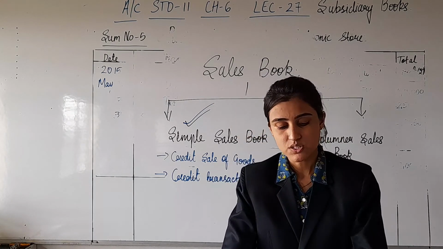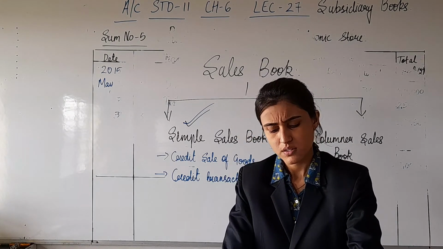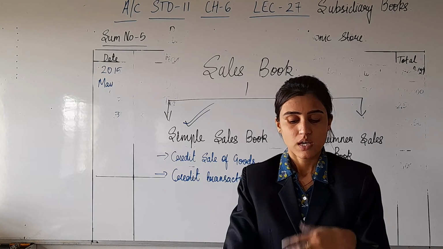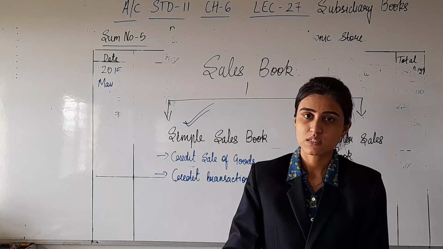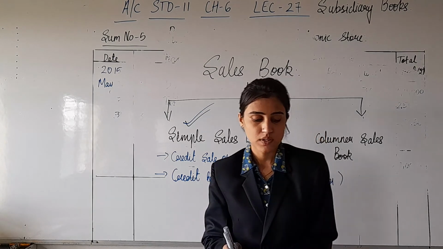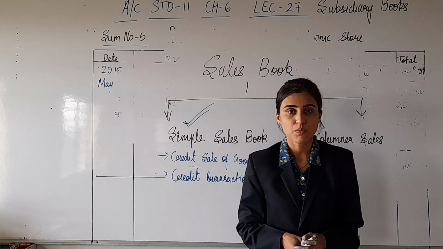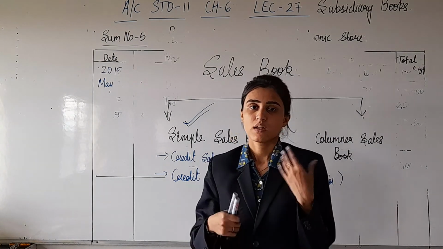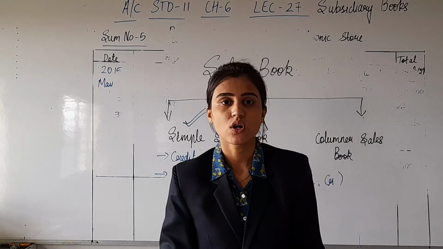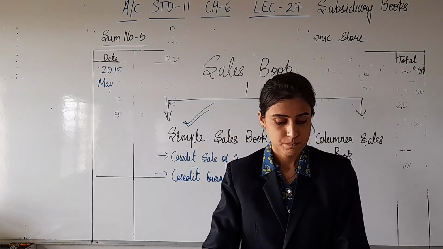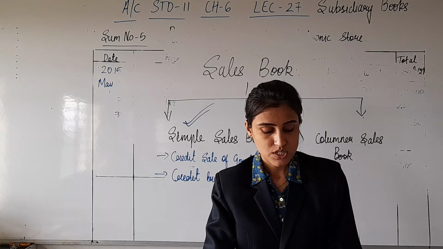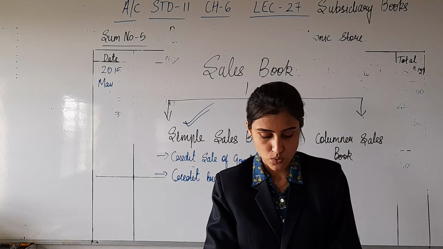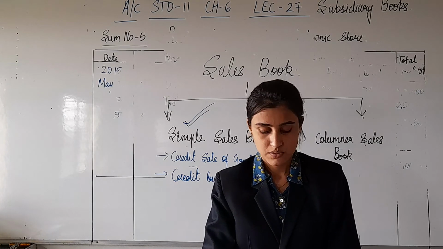So let us quickly start with illustration 4. I can explain it even orally, and the sum we will be doing in the next lecture on the board. For now, please open illustration 4 in your textbook, and the solution is also given along with it. Illustration 4. Sri Jagdish Hardware Stores dealing with iron.